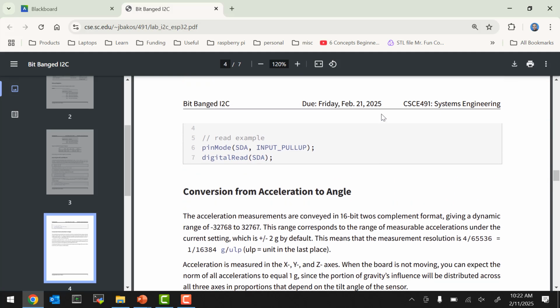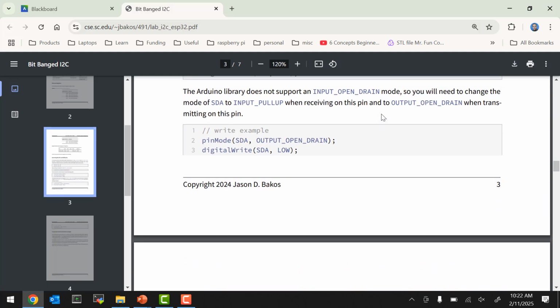There's a mode called output open drain. Remember there are two pins, SDA and SCL, and those pin numbers are listed in the lab sheet. In this case, I just have a define for those, so I refer to SDA and SCL as symbols.